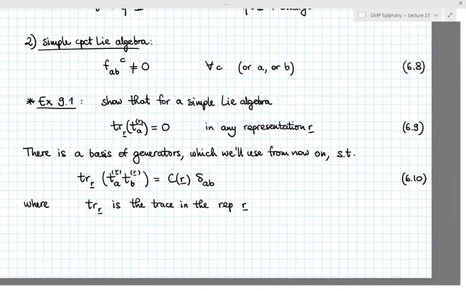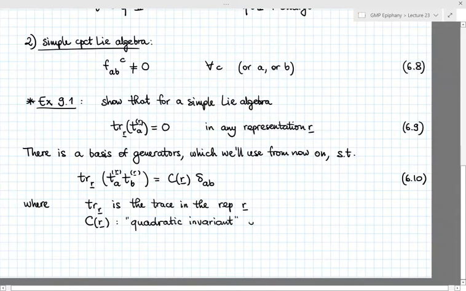So this is a trace of R by R matrices. And C(R) is called the quadratic invariant of the representation. Which turns out to be non-vanishing.